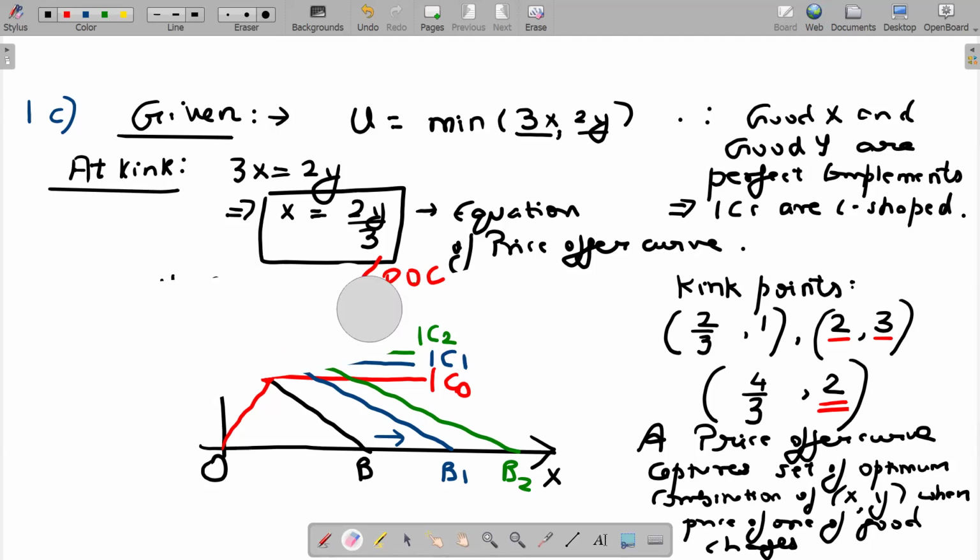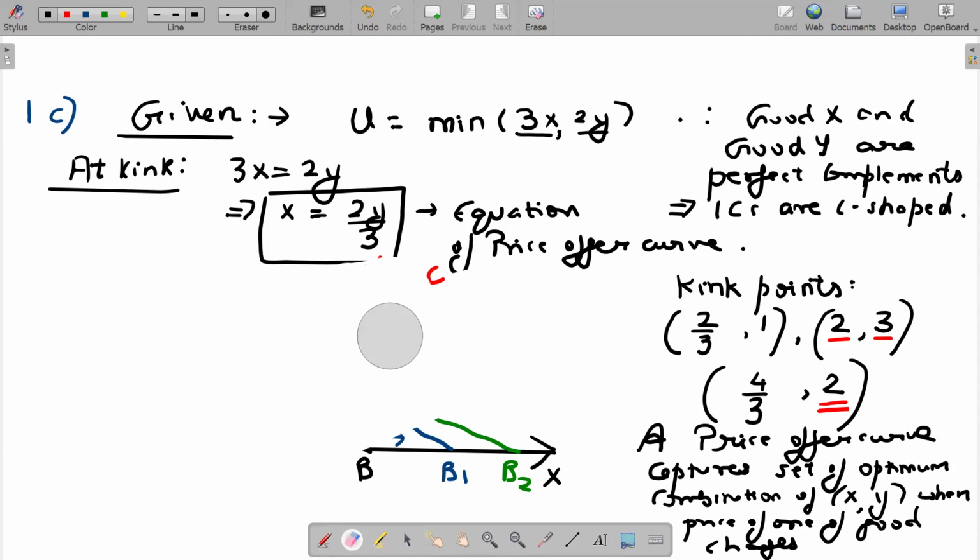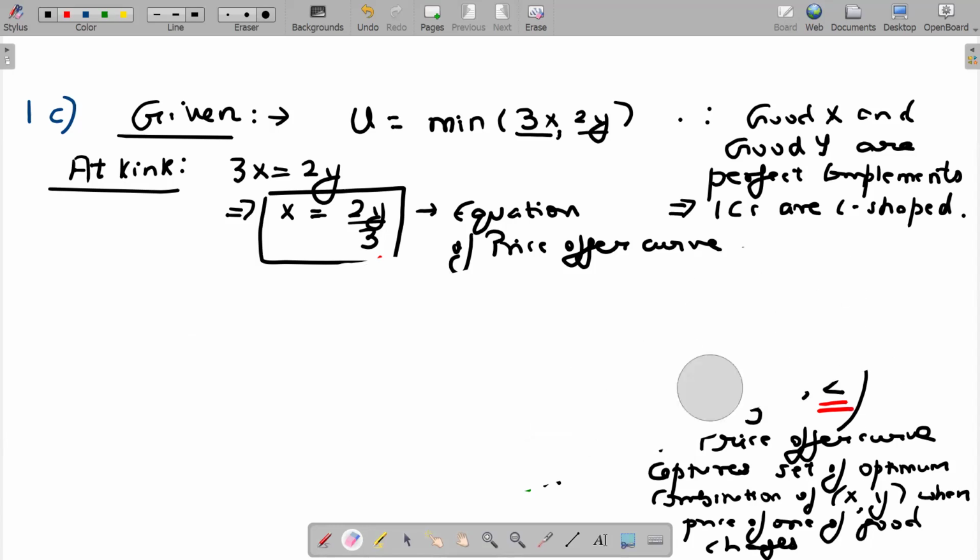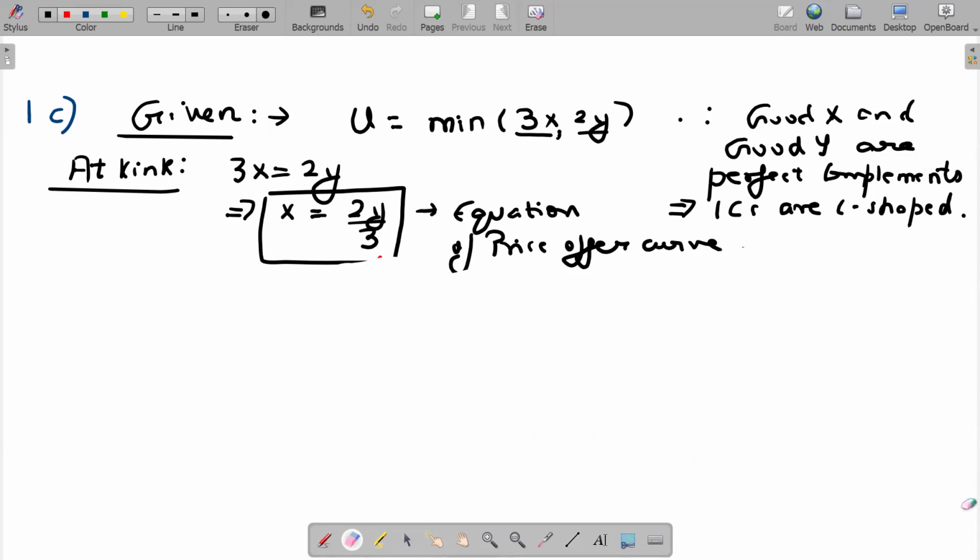If I erase all this off, so this is my kink condition. Okay, if I put this in the budget line, what is the equation of the budget line?